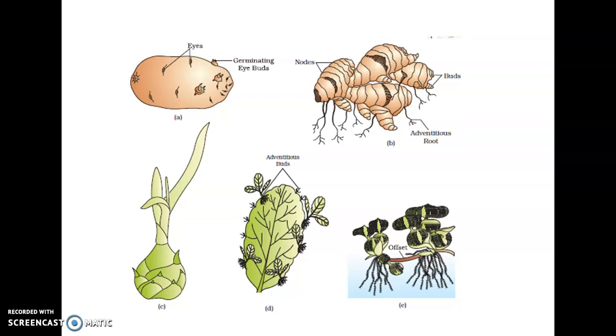Adventitious buds arise from the notches of the leaves in bryophyllum, so these adventitious buds are the vegetative propagules of bryophyllum. In the case of agave, the bulbil is the vegetative propagule. In the case of water hyacinth, the offset. And in ginger, the rhizomes are the vegetative propagules.